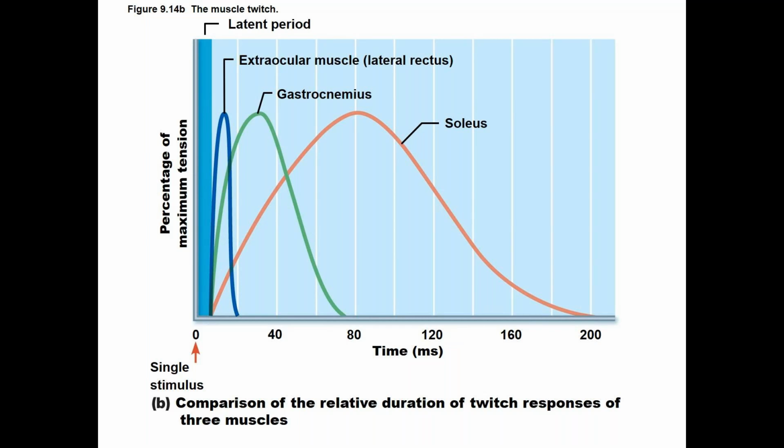Not as fast as the eye muscle, but it's still pretty fast. Soleus, because its only job is to keep you from falling over, doesn't have to have a fast twitch. And in fact, it has a relatively long period of both contraction and relaxation, again owing to the different tasks that we ask each of these muscles to do. Not every muscle is built the same.